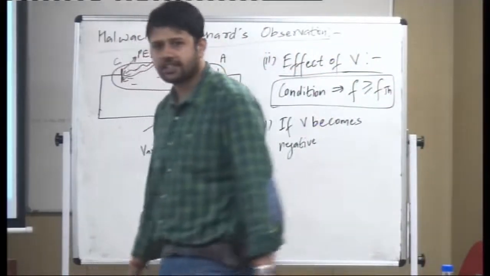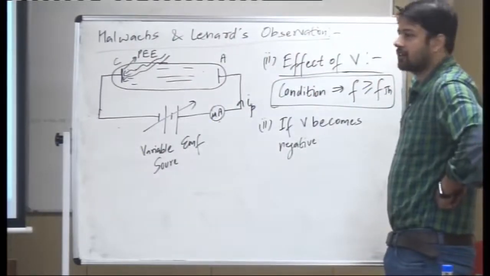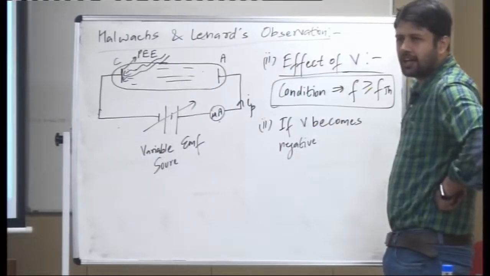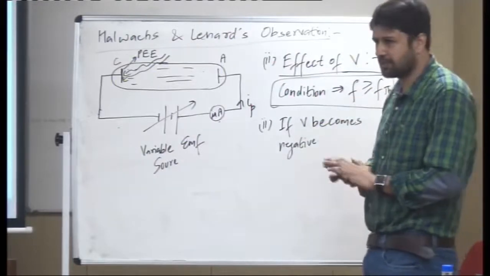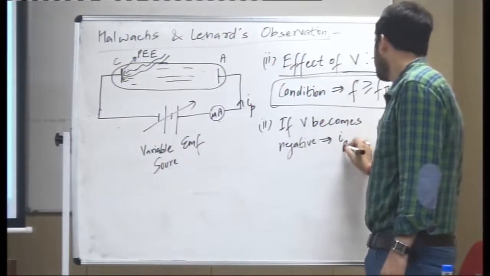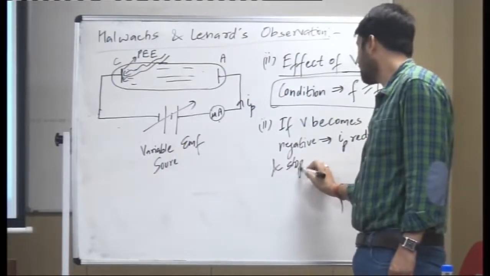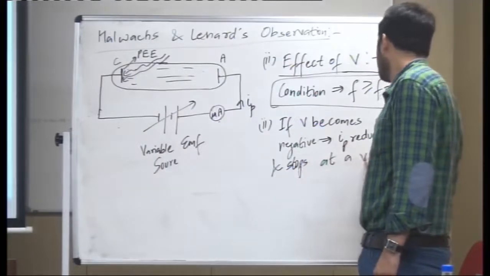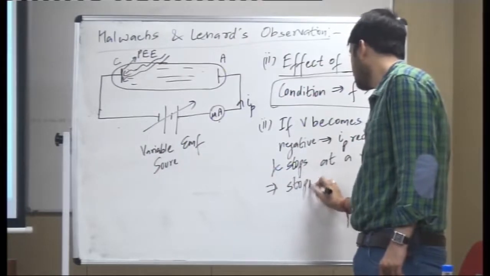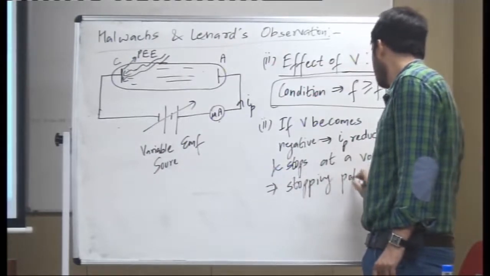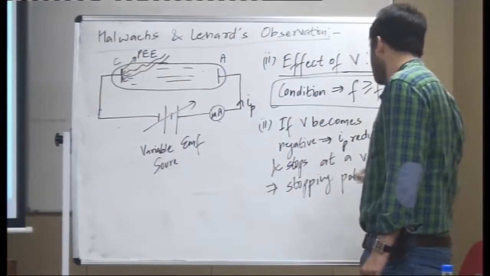If voltage is reduced, the photocurrent reduces and stops at a voltage called the stopping potential, V_S.